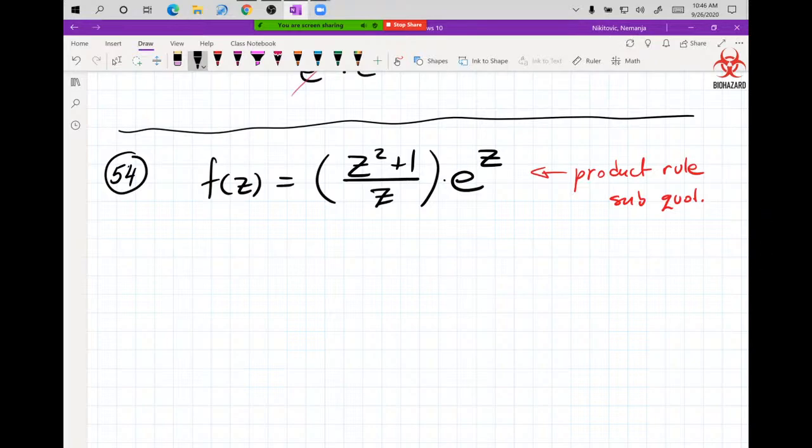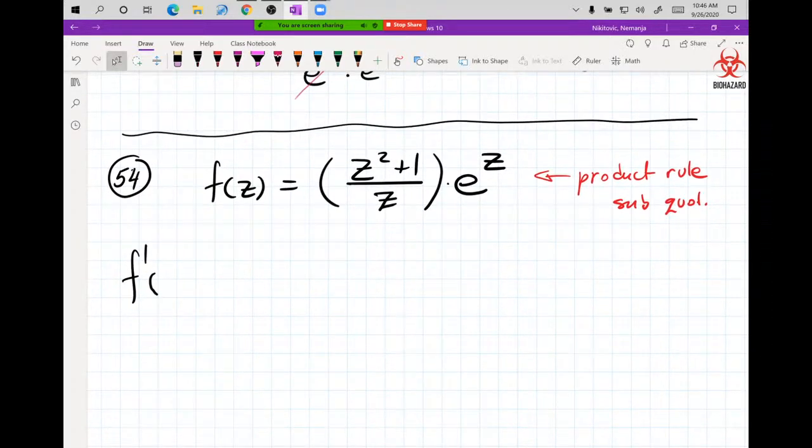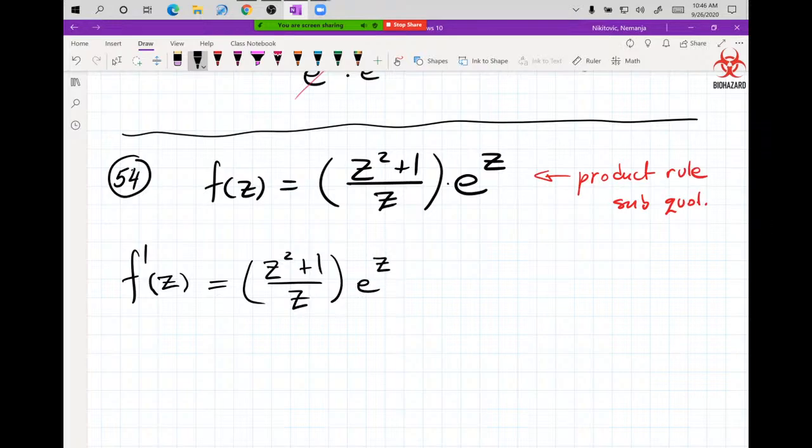The way we do this now is going to be, you can say f prime of z is the product rule. So we have copy the first. Now the derivative of the second stays the same, plus copy the second. And now when I say derivative of the first, this is where the quotient goes.